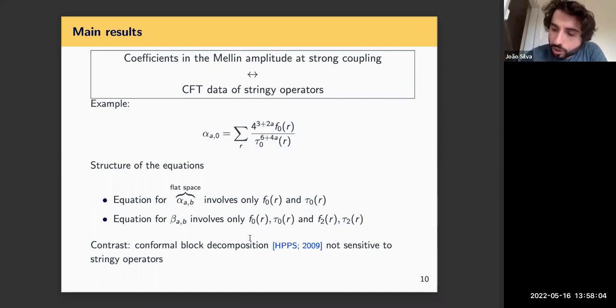And if you decompose a contact diagram into conformal blocks, you will just see double trace operators. But here we are not using conformal blocks, we are using dispersion relations. That's different because we expand into channels and we also use the bound on chaos. And so it turns out, as we'll see, that these dispersion relations will be sensitive to heavy operators, which the conformal block decomposition is not.